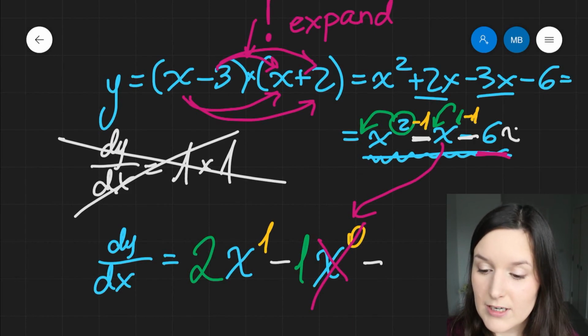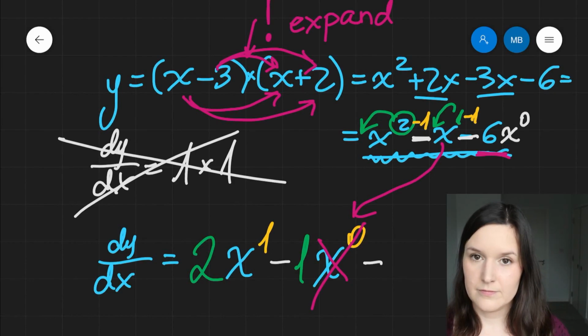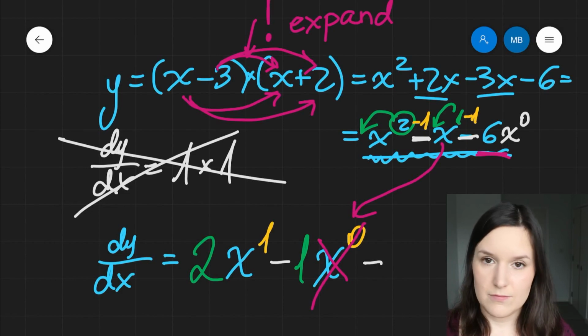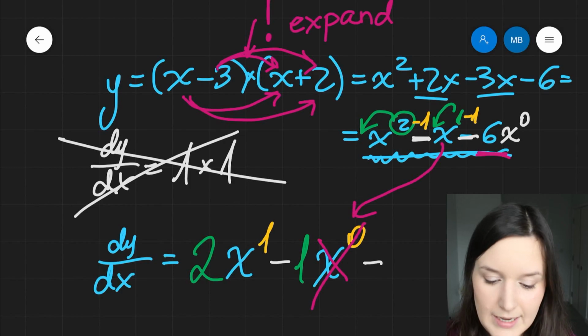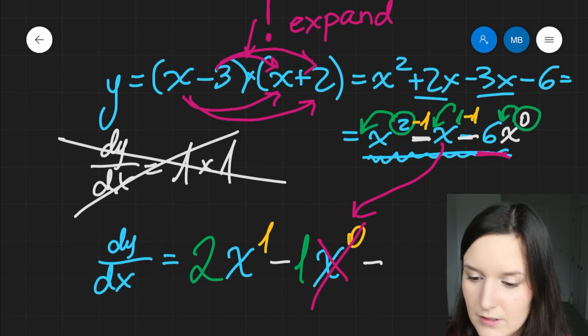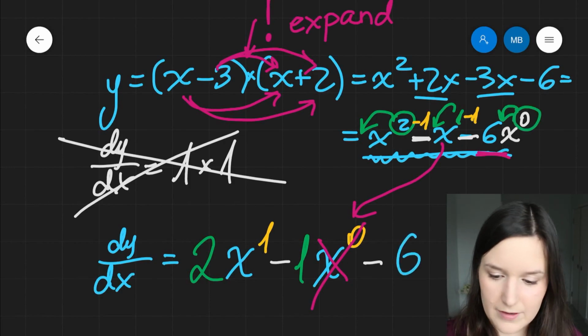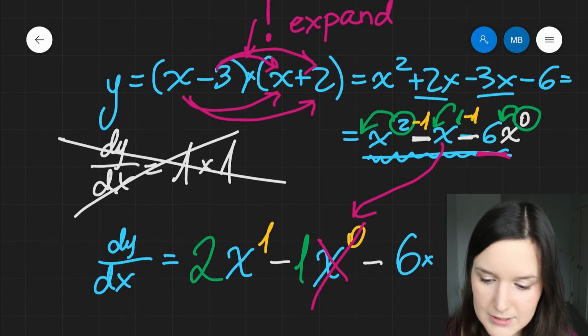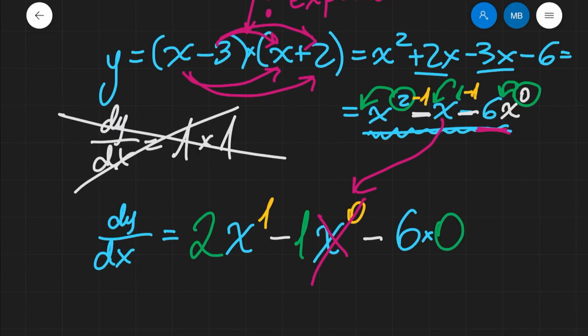6 I can write as 6x to the power of 0, right? And x to the power of 0 is 1. And now if you take the power in front, you will have 6 times 0. So that's why it disappears.